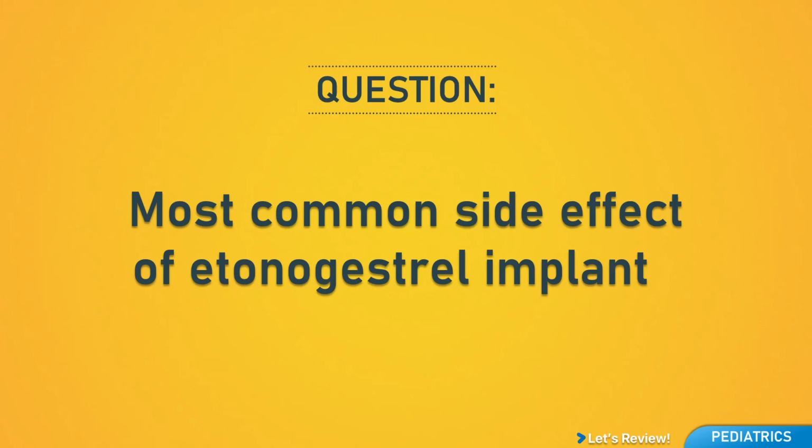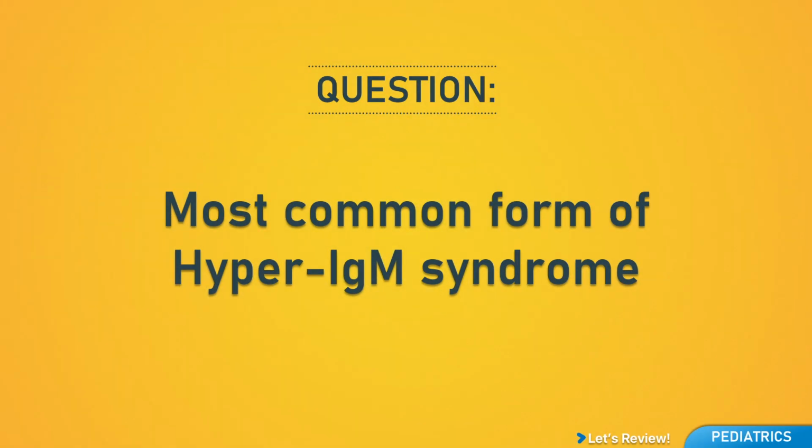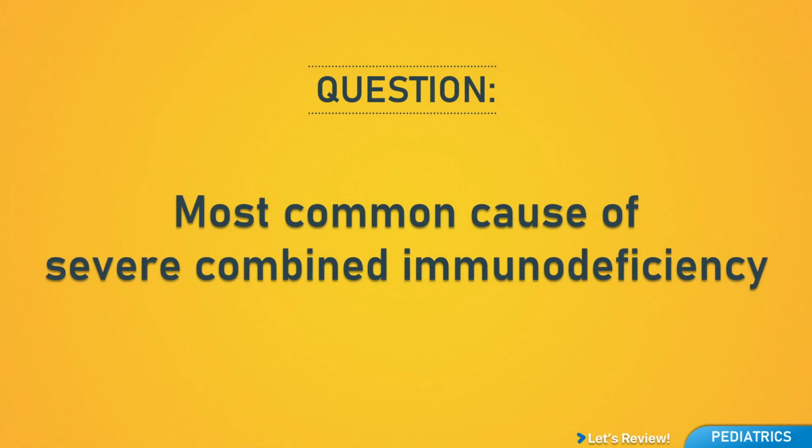Most common side effect of etonogestrel implant. Irregular bleeding. Most common form of hyper-IgM syndrome. X-linked hyper-IgM syndrome. Most common cause of severe combined immunodeficiency.